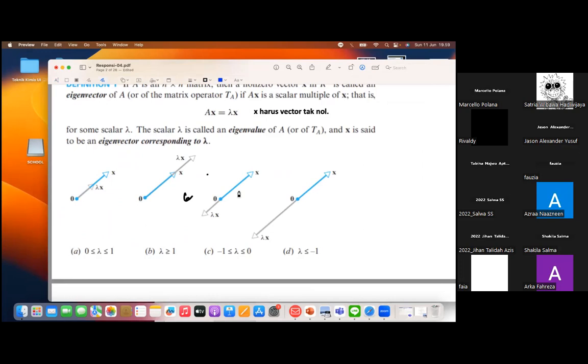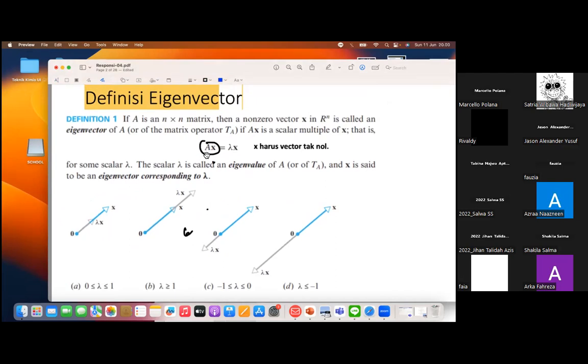Okay, so AX is like a transformation. And then this transformation is equivalent to when this very same X is multiplied by a constant. So yeah, this is the basic concept of eigenvector.